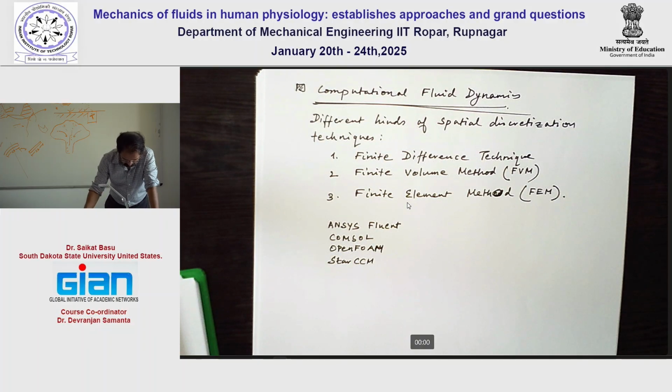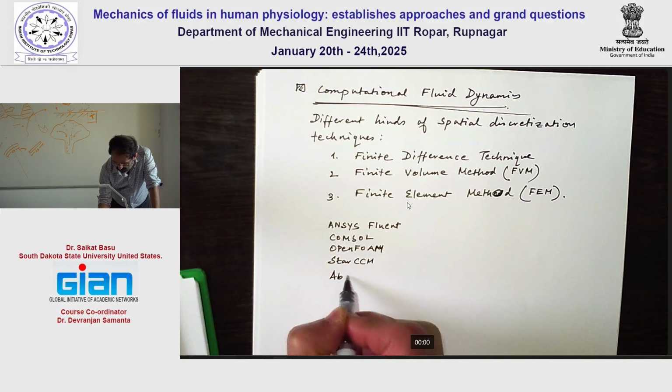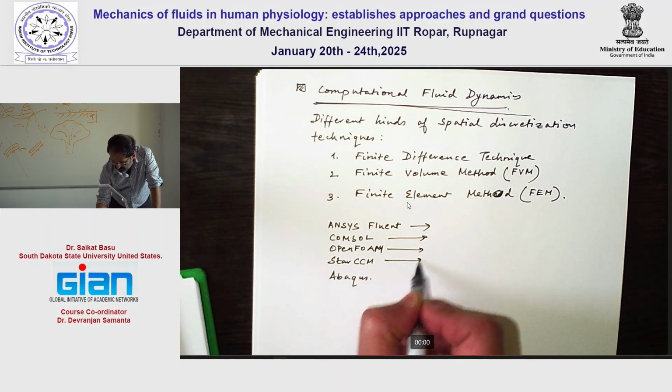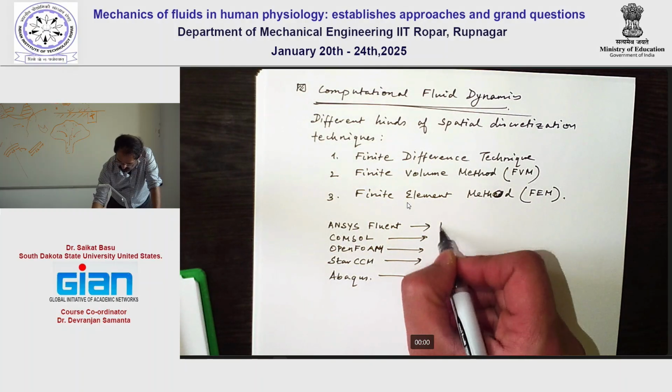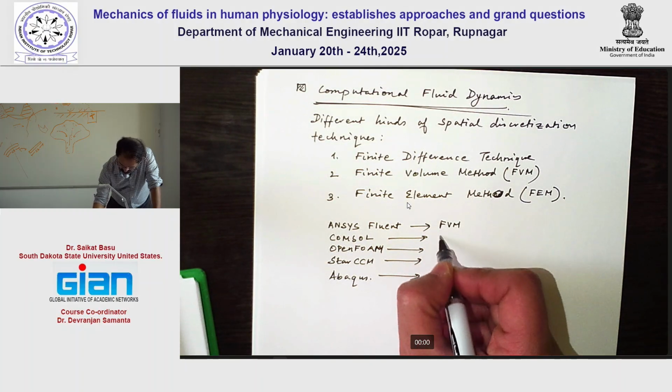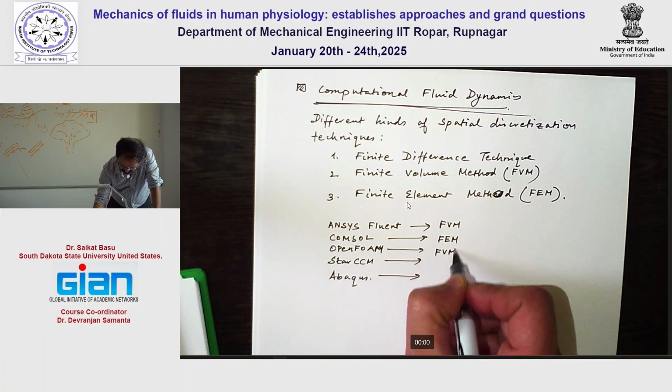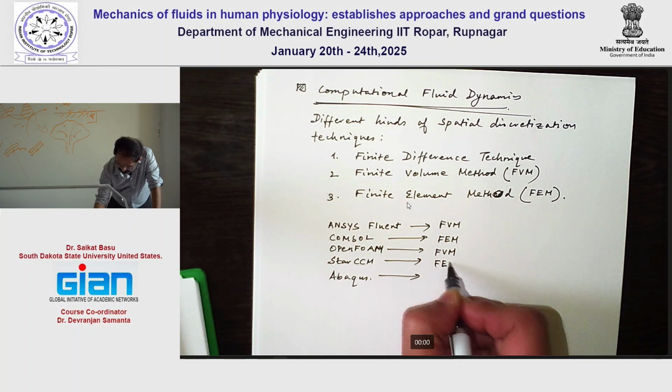And Abaqus. Each of them uses different kinds of discretization. Fluent is based on FVM, COMSOL is finite element method, OpenFOAM is FVM again, and the other two are FEM.